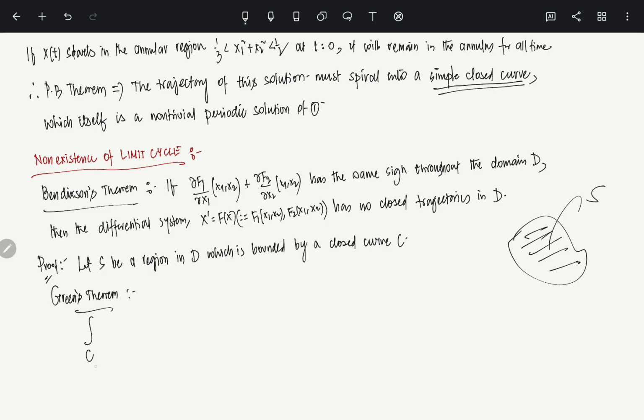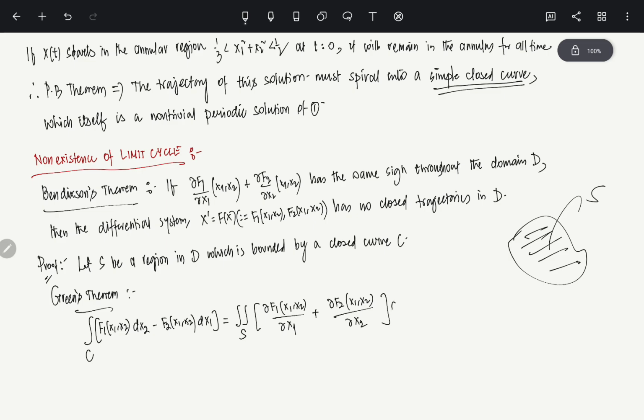It basically says that the integral over a closed curve of f1(x1, x2) dx2 minus f2(x1, x2) dx1 is nothing but the double integral over the area S of del f1 by del x1 plus del f2 by del x2 of (x1, x2) dx1 dx2. This is just Green's theorem. I am not writing anything special here.